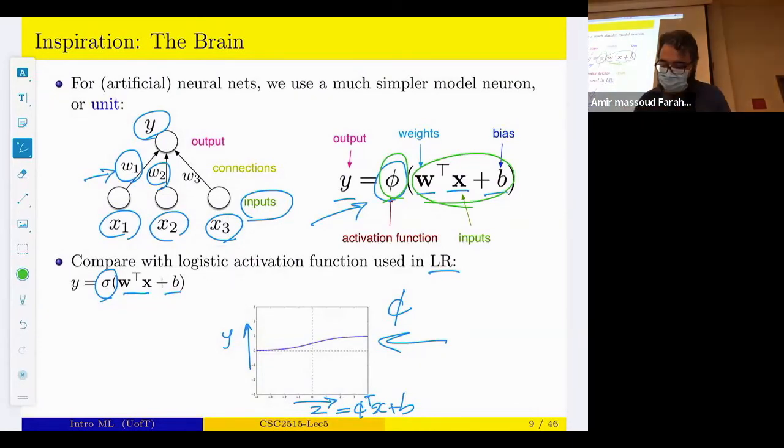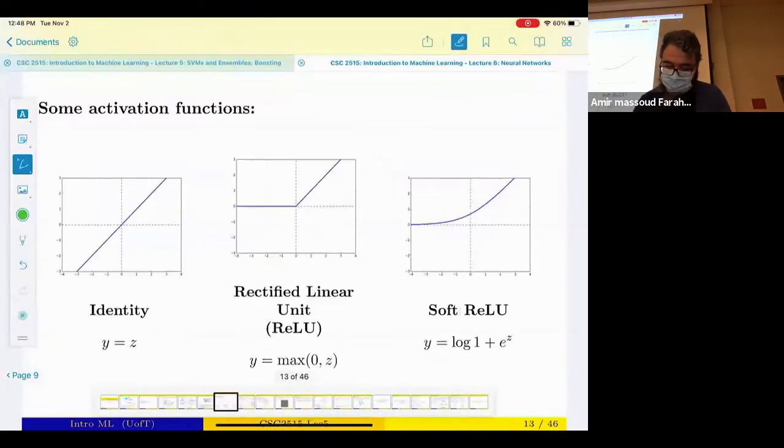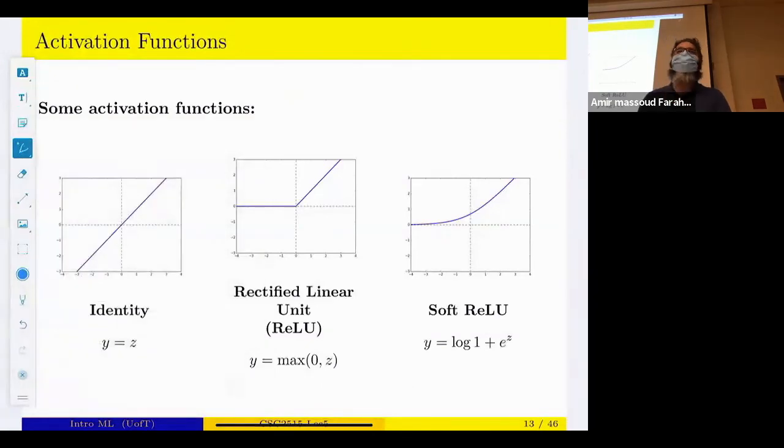The simplest activation function is basically saying whatever we get as the output of that linear computation, we just pass it along. So if we have Z here, and this is Y, the relation would be identity. So Y would be equal to Z.